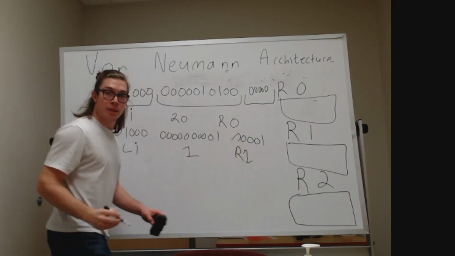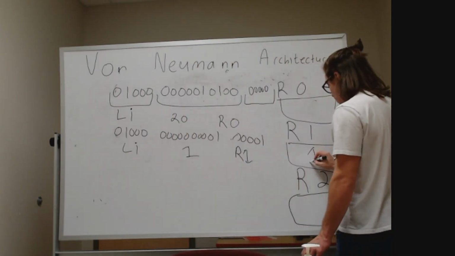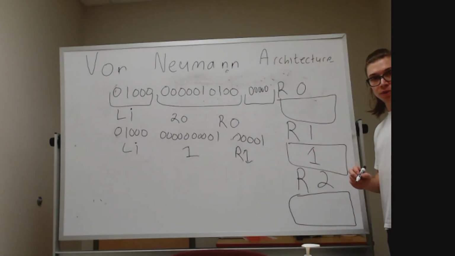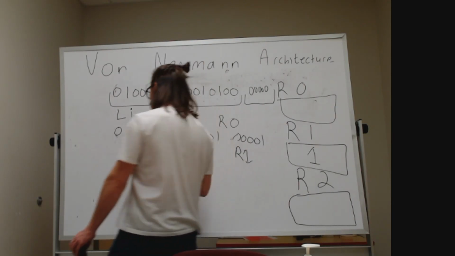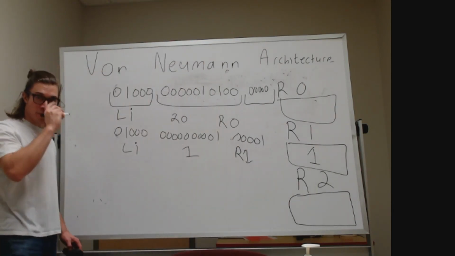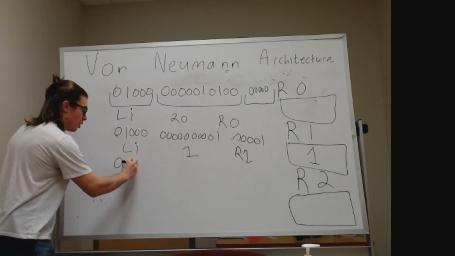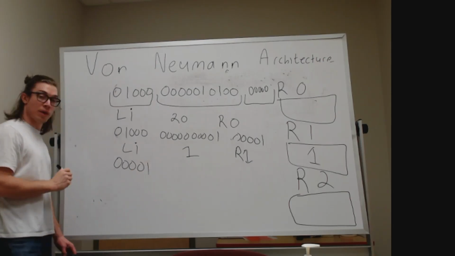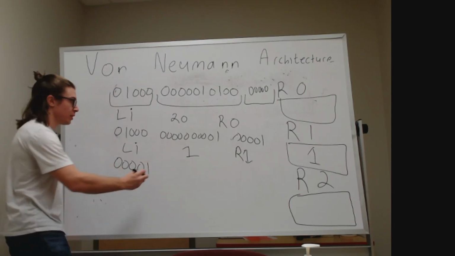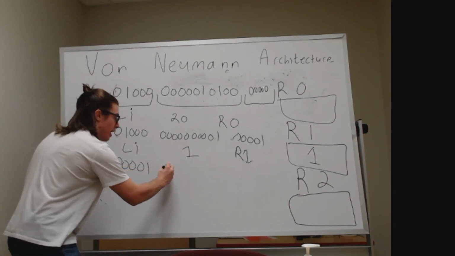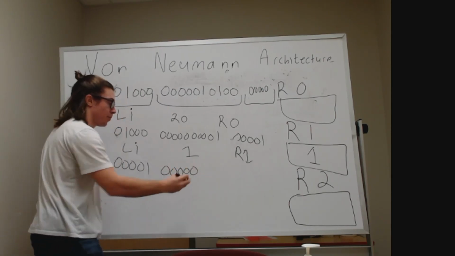All right? So then we load 1 into register 1. Now we want to add these two numbers together. So we use the opcode add, or 1, and we give it the two registers we want to add. So register 0 and register 1.